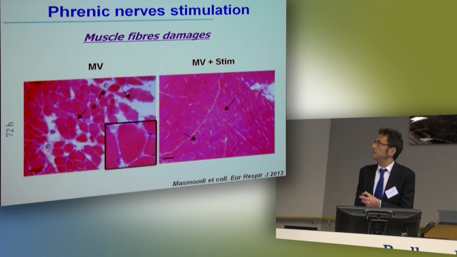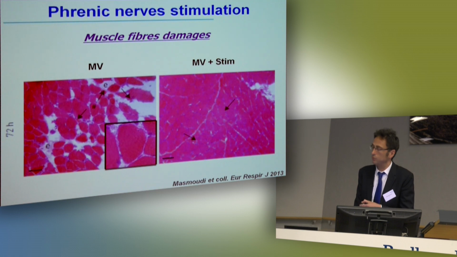And as you can see, as compared to the animal who just received mechanical ventilation, the one who received mechanical ventilation plus phrenic nerve stimulation has a much more preserved diaphragm. This one has a huge amount of edema and infiltrates, and there's fiber disruption in this muscle.